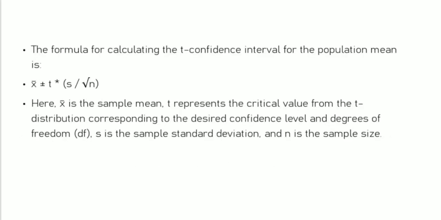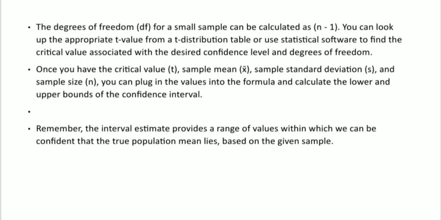The formula is x bar plus or minus t times s over root n. X bar is the sample mean, t represents the critical value corresponding to the desired confidence level and degrees of freedom, s is the standard deviation and n is the sample size. The degrees of freedom for a small sample is calculated as n minus 1.